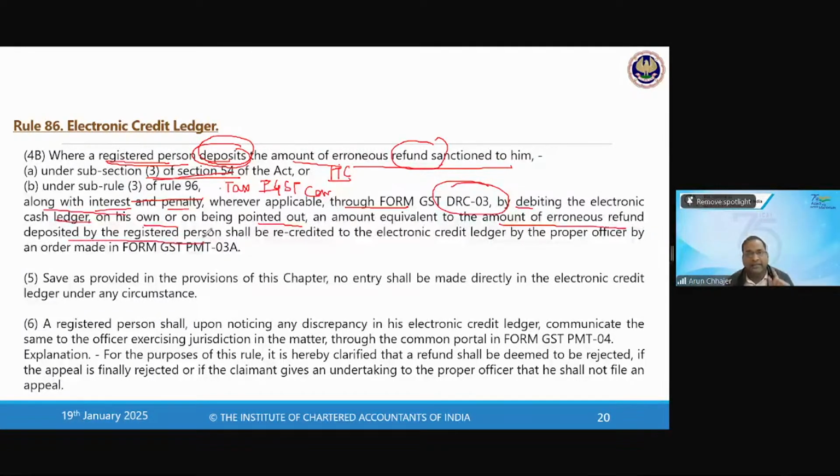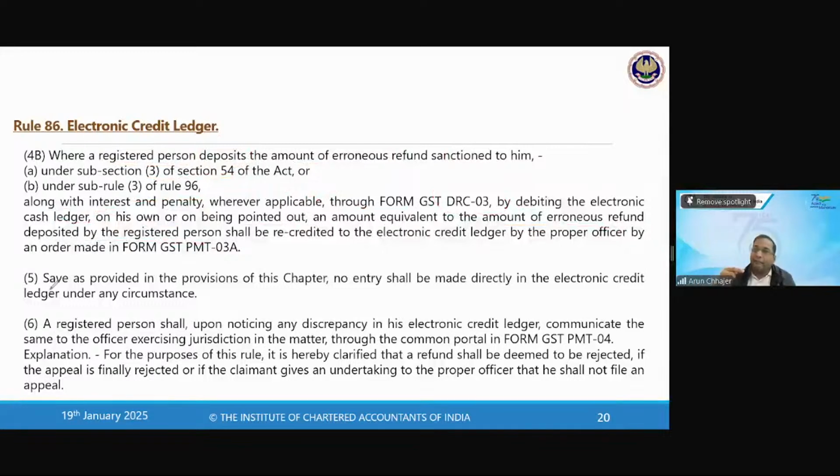Tell me in the chat, how much refund did I take in excess? Tell me in the chat box how much amount I have taken as refund in excess. 10,000.